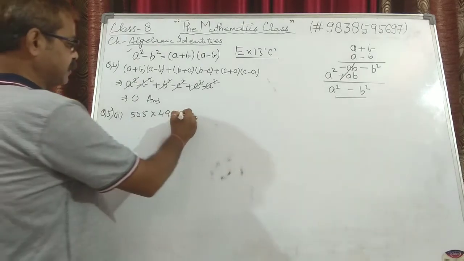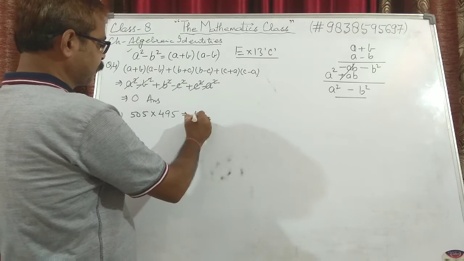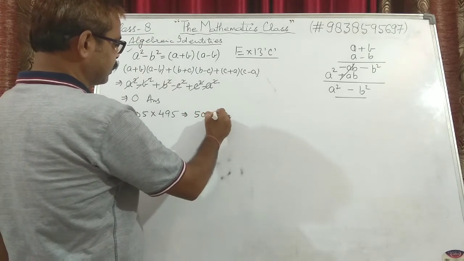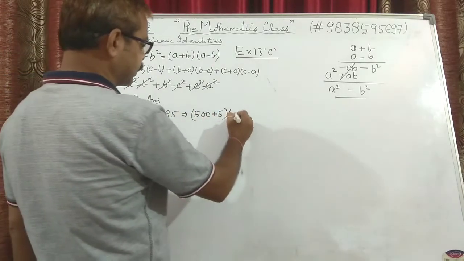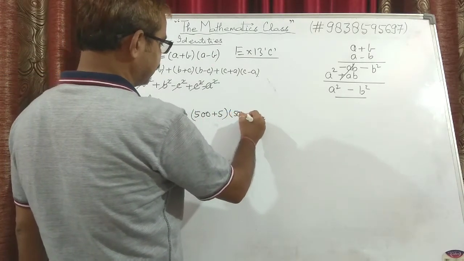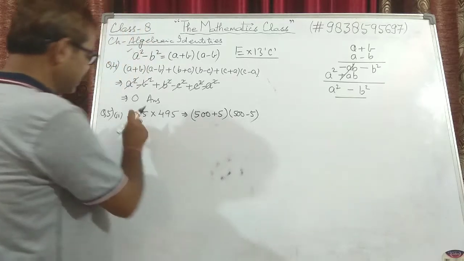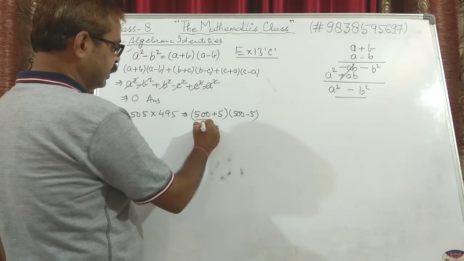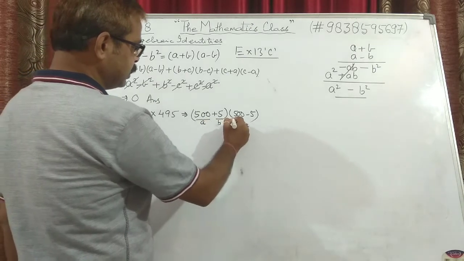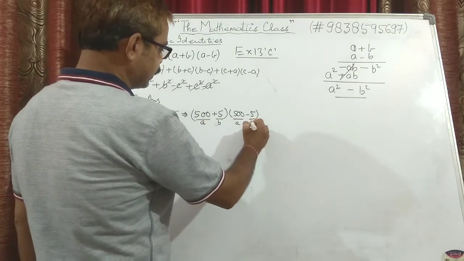Now 505 can be written as 500 plus 5 and 495 can be written as 500 minus 5. It means both these terms are now written in the form of a plus b and a minus b.